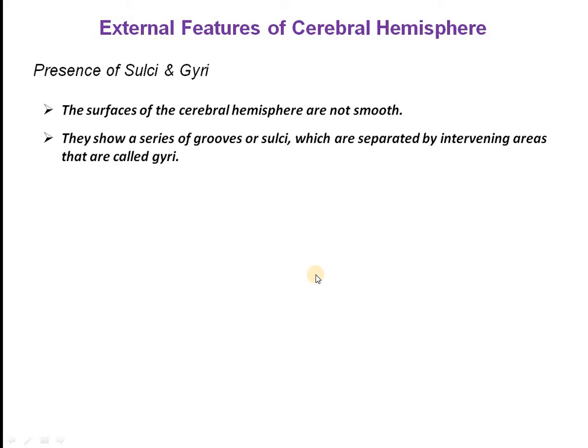Along with this, the external feature of the cerebral hemisphere consists of several sulci and gyri. The surfaces of the cerebral hemisphere are not smooth, because the whole cerebral hemisphere has been adjusted in a small cranium, and that's why the cerebral hemisphere is evaginated.